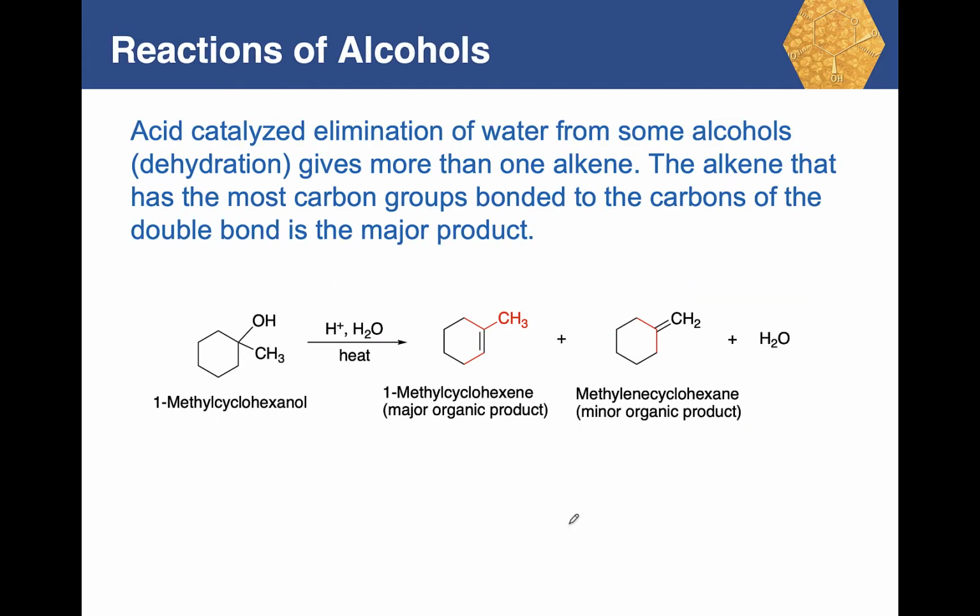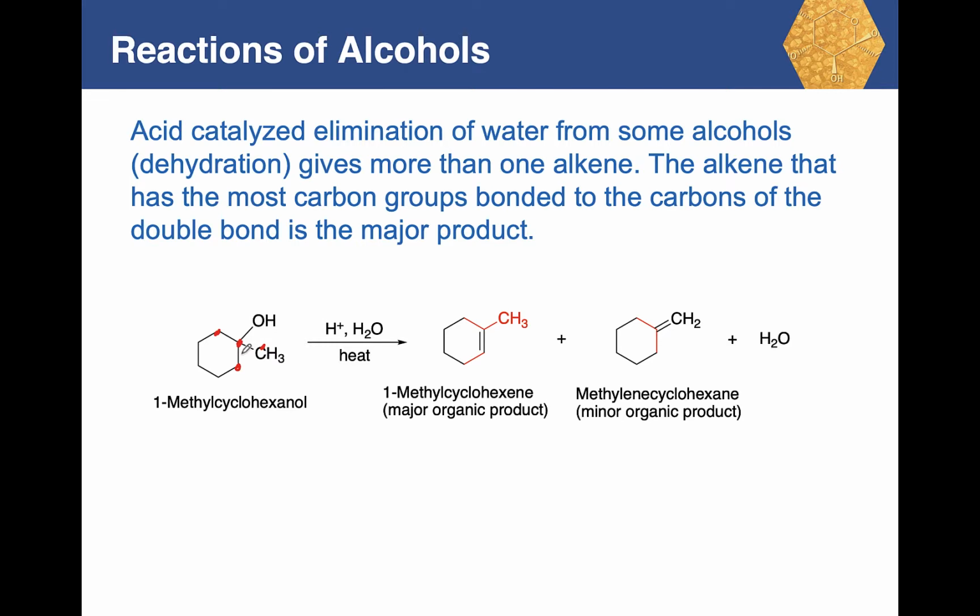Let us look at one more here, and this is a cyclic structure. So here's the carbon off the alcohol, pardon me, and here is an adjacent carbon, here's an adjacent carbon, and here's an adjacent carbon.